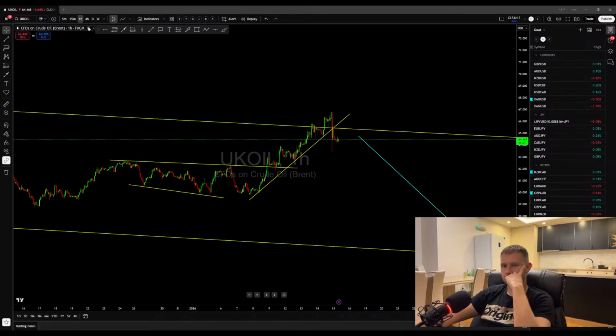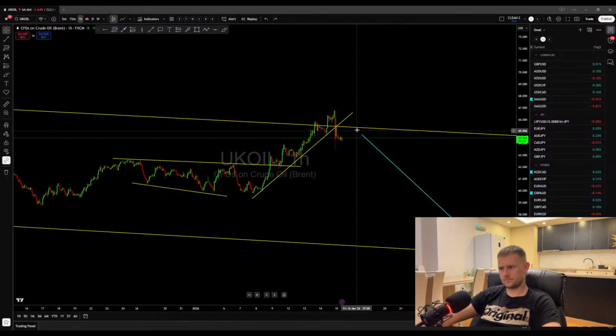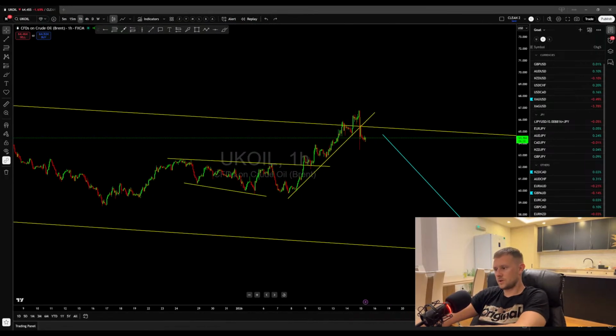Simple. The correction can be very big, probably. Something like this and then go down. Waiting for the setup over there. It could go, but it needs more time.